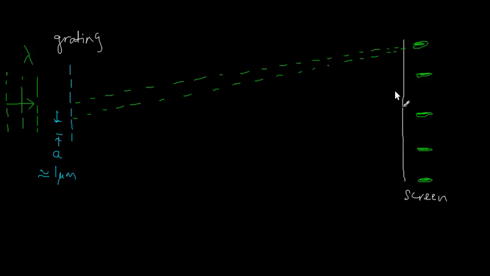Okay, if I think of the screen as quite far away, these two rays of light would be almost parallel. So once again, I'm going to use the method which I used previously. I'm going to consider a little triangle here. I'm going to work out the difference between these two paths.